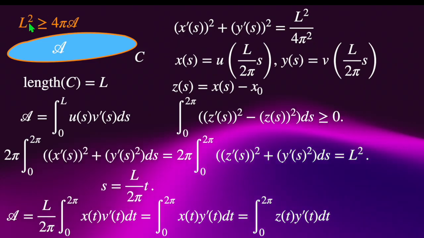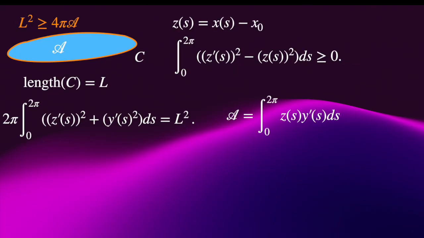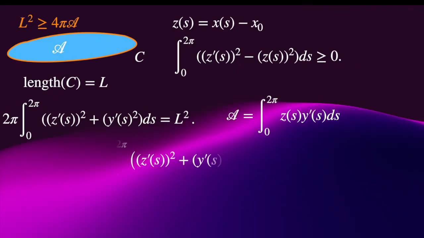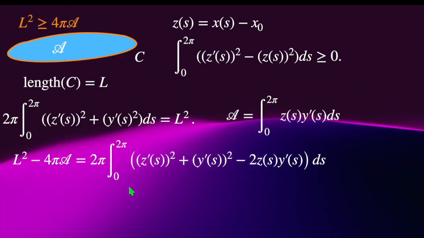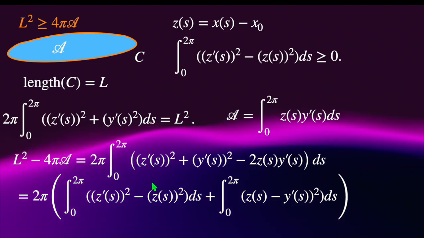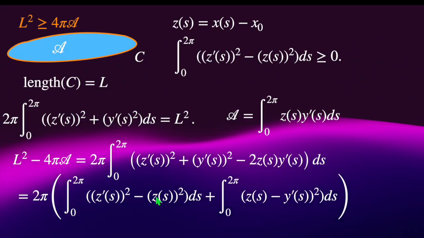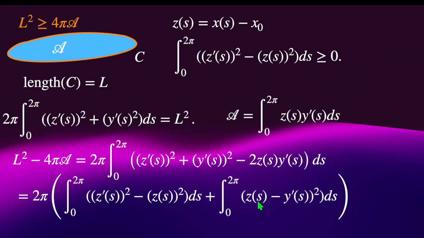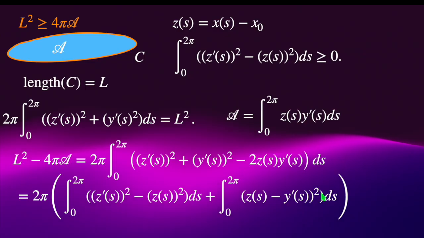So now we will compute L square minus 4 pi A by using these two formulas. If we do so, we get this relation, but this relation can also be written as the integral of z prime s square minus z s square, plus z s minus y s square.